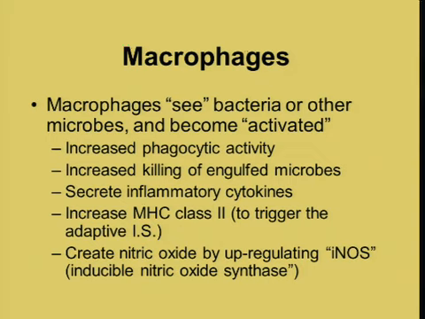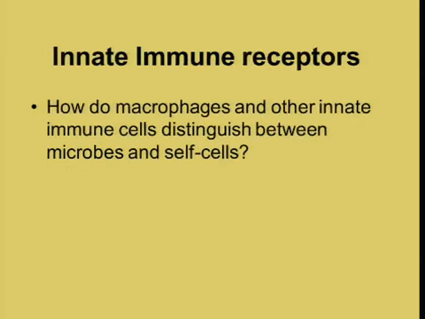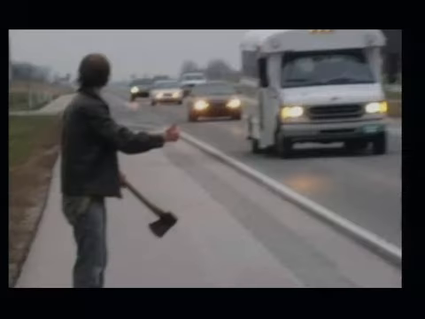They increase phagocytic activity, they increase engulfing of microbes, they secrete inflammatory cytokines, et cetera. So the key issue here is, if the acquired immune system uses antibodies and T-cell receptors to recognize an antigen, how does the innate immune system, which does not have these kinds of receptors, recognize something that it deems to be foreign? Okay? And this is the key. Patterns.